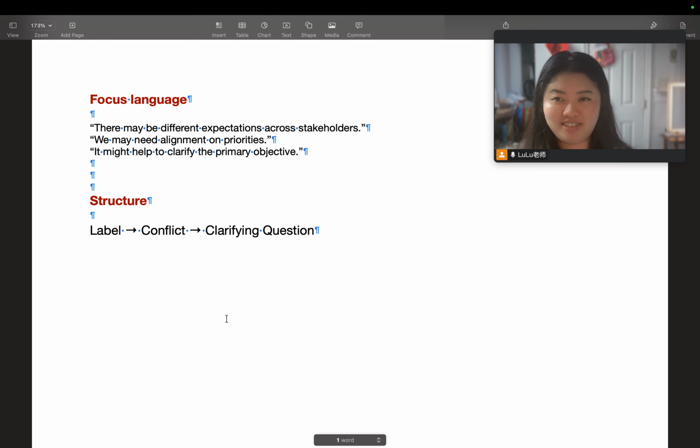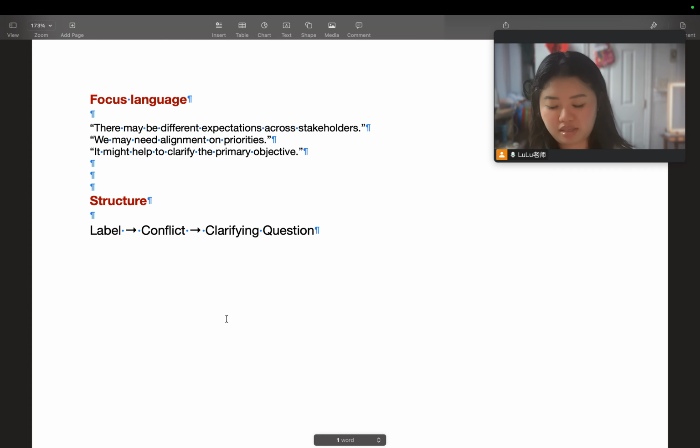Again, we may need, emphasize on the need, we may need alignment on priorities. Perfect. Next, it might help to clarify the primary objective. It might help to clarify the primary objective.